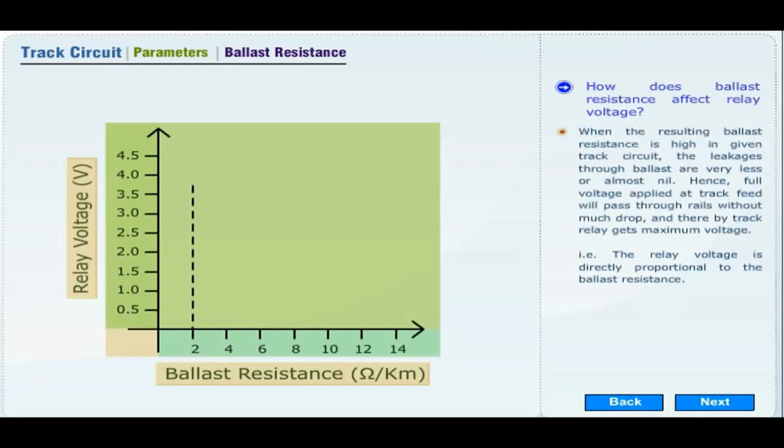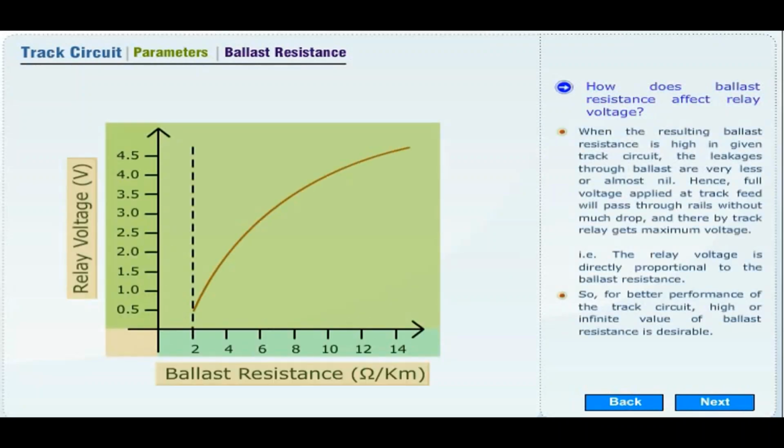How does ballast resistance affect relay voltage? When the resulting ballast resistance is high in a given track circuit, the leakages through ballast are very less or almost nil.